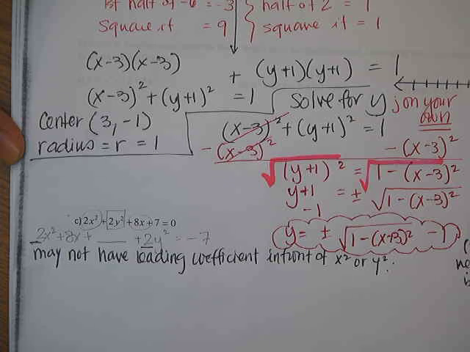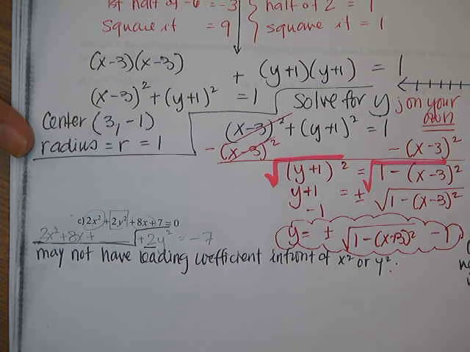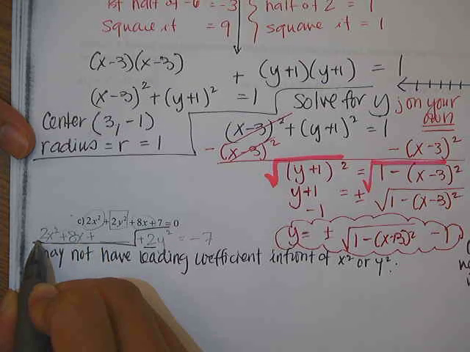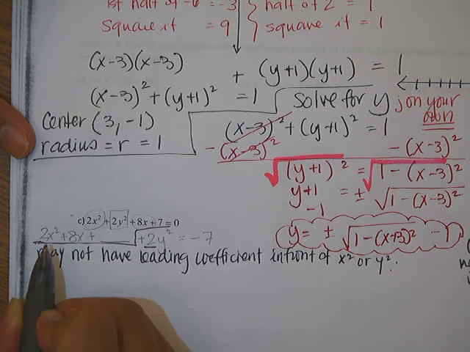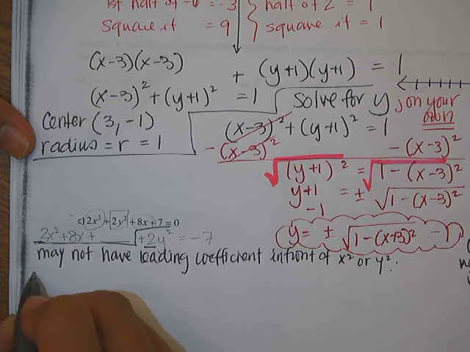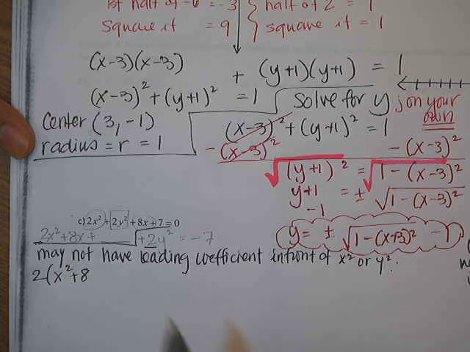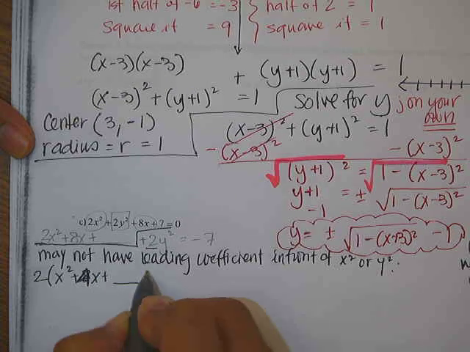Now to factor it out, you are going to just group the x's together and the y's together, just like that. Because I have 2x squared plus 8x, I will take out the leading coefficient only. You do not look for a common term, just the leading coefficient. So take out the 2. Now I have x squared plus 4x plus a blank space.